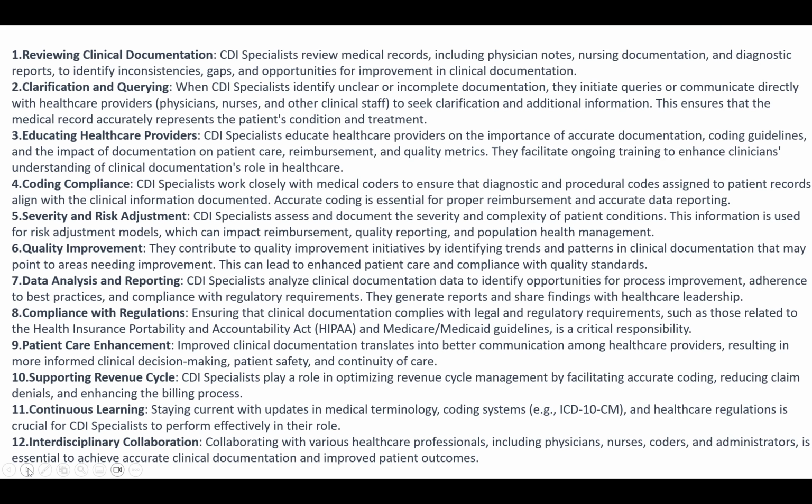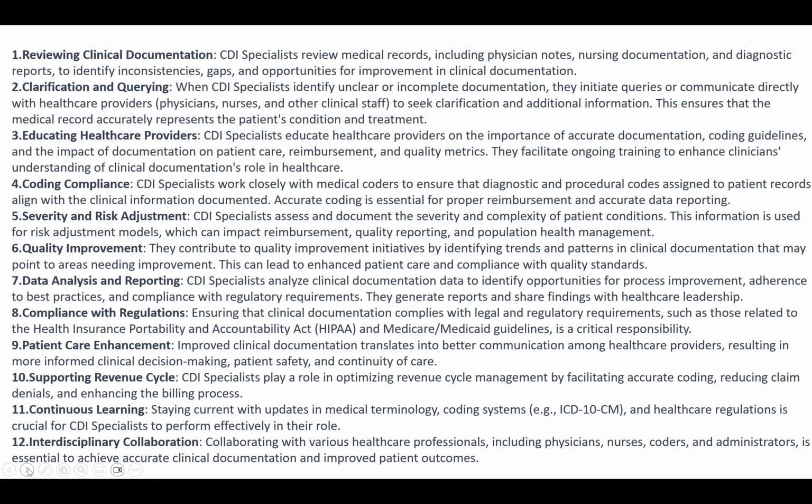And we have an extensive library of CDI modules that I encourage you to view as many as you can. Each brings valuable insight to specific topics and just broadens your horizons and your awareness as a CDI.